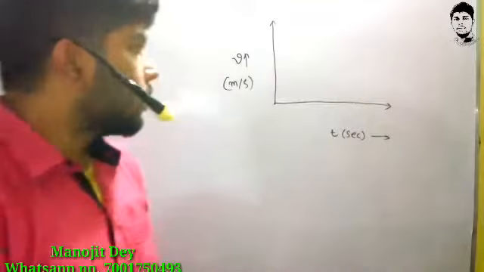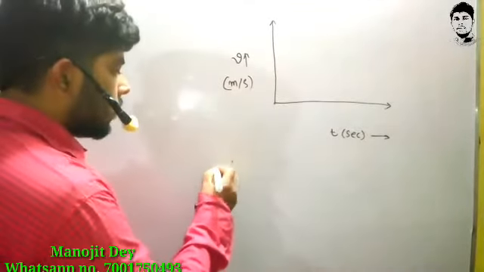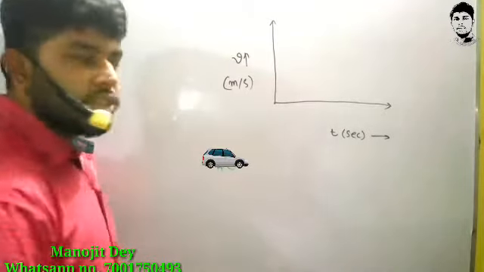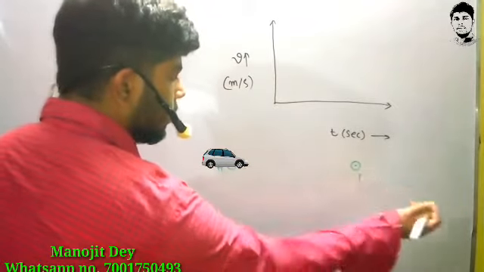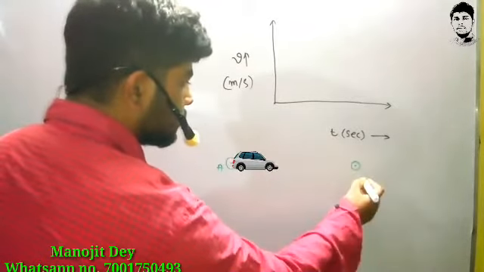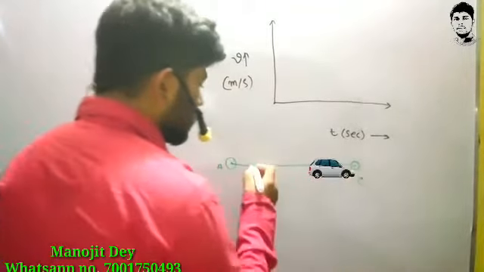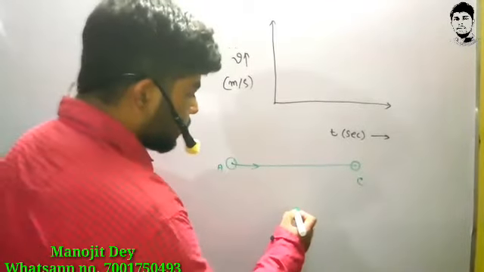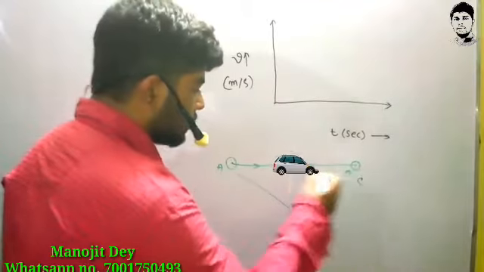Suppose your friend is standing at position A, and he starts moving towards the point C. This way he is going to the point C. Now suppose you are here and you observe your friend's motion.